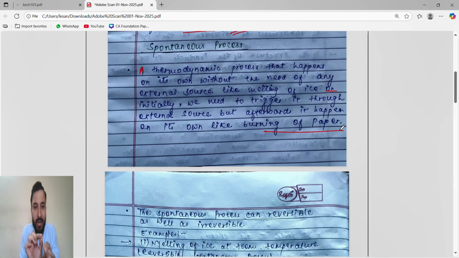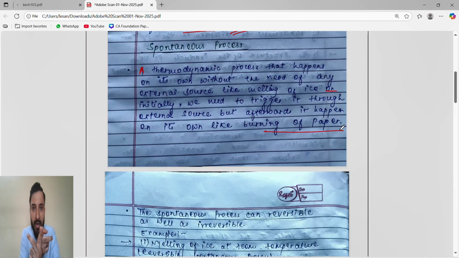So what we did, initially we triggered it by matchstick, and that matchstick is our external source. Then afterwards we will leave it. Afterwards it happens on its own. So the whole paper will burn, right? So this is a spontaneous process. So spontaneous process, we know it's two.